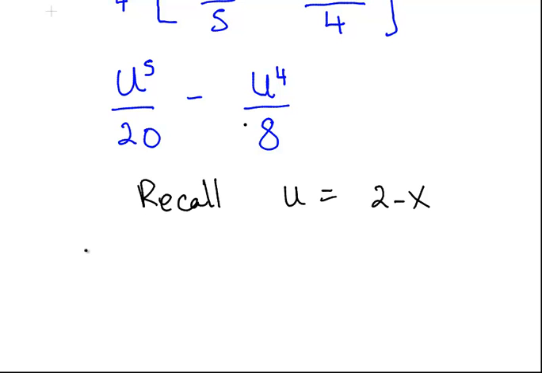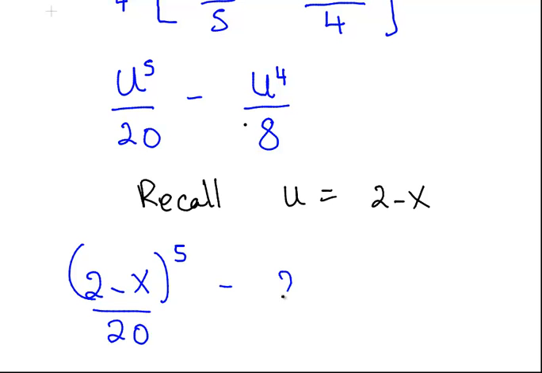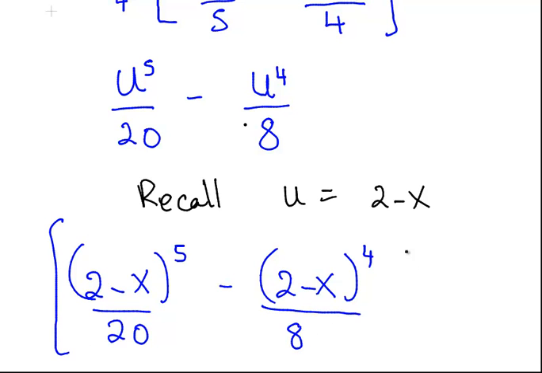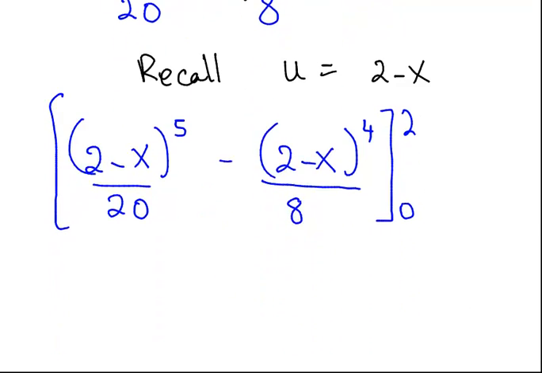So back to the job, u equals 2 minus x. Let's put that in. So that is 2 minus x to the power of 5, minus 2 minus x to the power of 4 all over 8. You don't actually have to work this out. We can just leave it as that and evaluate it. Now we're going to consider the limits.